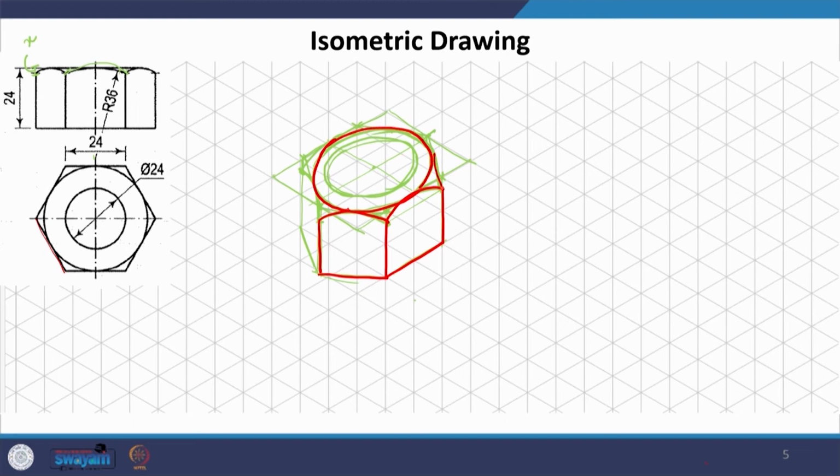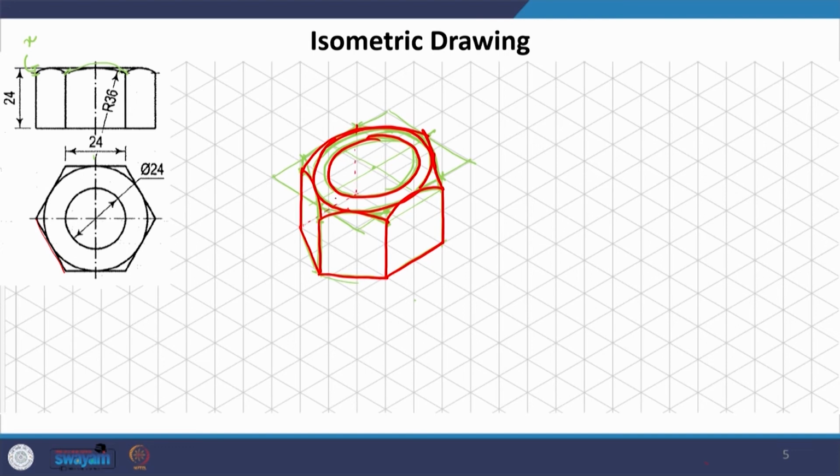So, this is where it was going to come, and like this. You can ascertain that there will not be actually anything which will be visible inside.